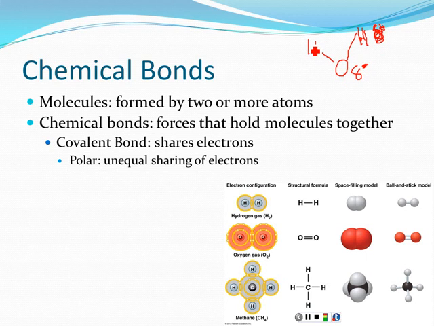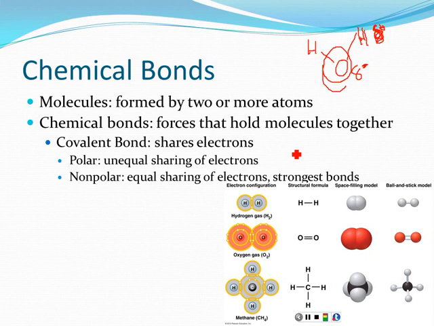It's not like an ionic bond where it actually donates the electron to the other atom. It's just that the electrons tend to hover around the oxygen more often, since it's a little more electronegative. And then nonpolar covalent bonds are when they equally share with each other.